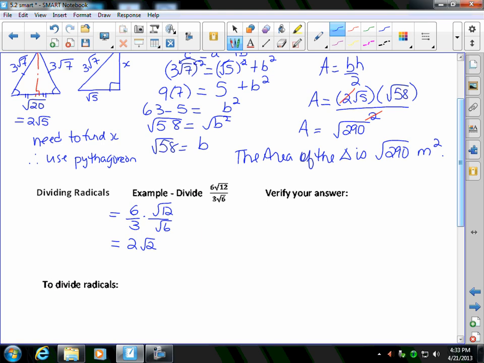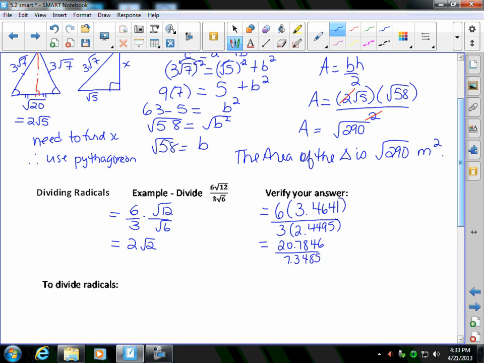So if I verify this, 6 times square root of 12 is 3.4641, that's the square root of 12. Square root of 6 on the bottom would be 3 times 2.4495. So I have 20.7846 divided by 7.3485.